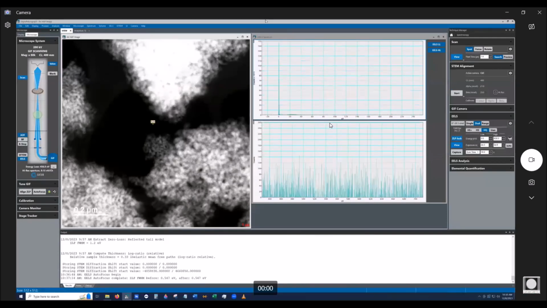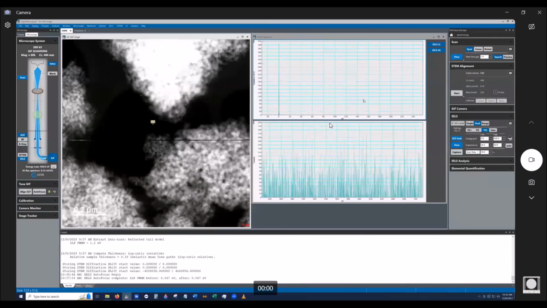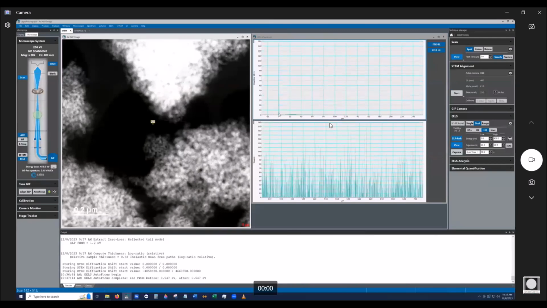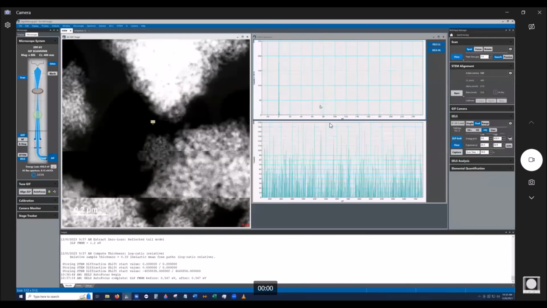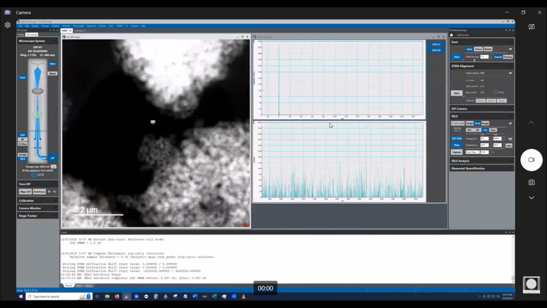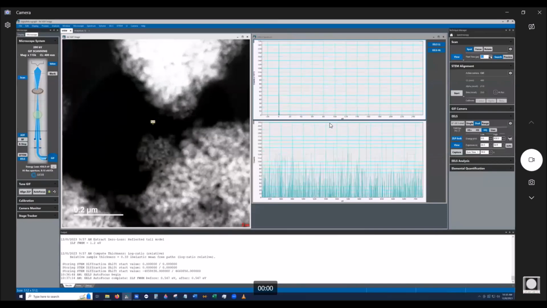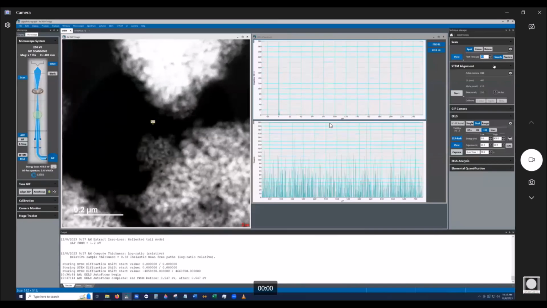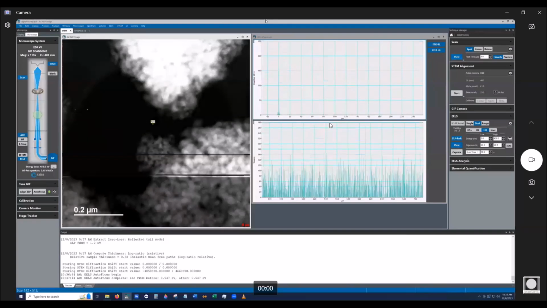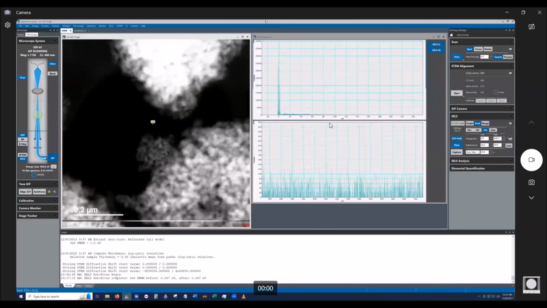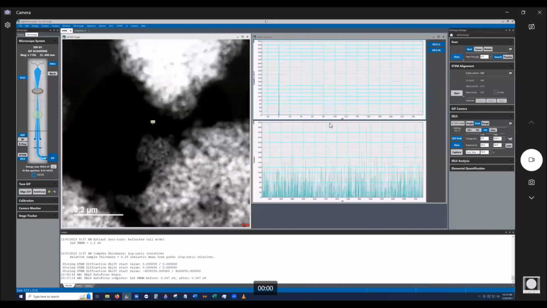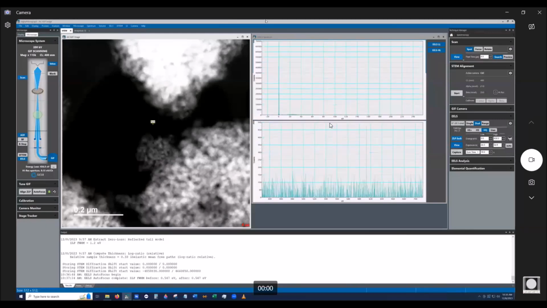If I turn on Descan, then I don't see that anymore, right? The peak just stays where it is, at least a little bit better. Let me put this on here. So then it doesn't happen there. So that's with the Descan off. That's with the Descan on. So that's what we want.